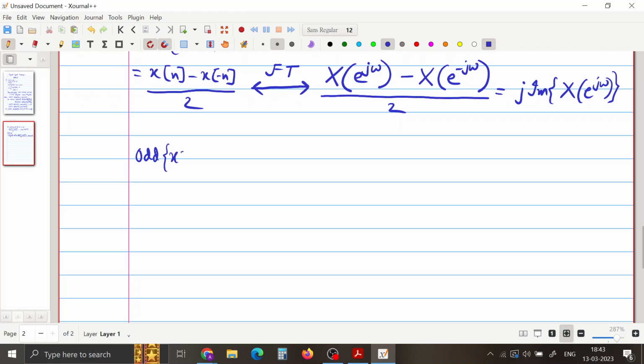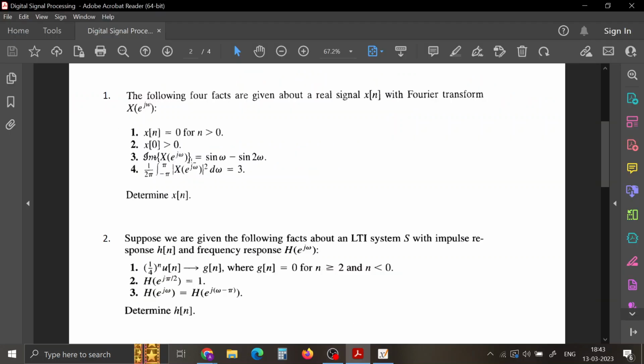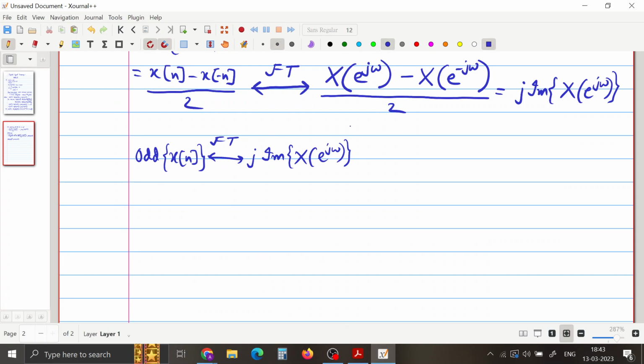The odd part of x of n has a Fourier transform equal to j times the imaginary part of this. And coming to the question, if you look at the third point here, the imaginary part of the Fourier transform has been given as sine omega minus sine 2 omega. So we'll just replace this: j times sine omega minus sine 2 omega.